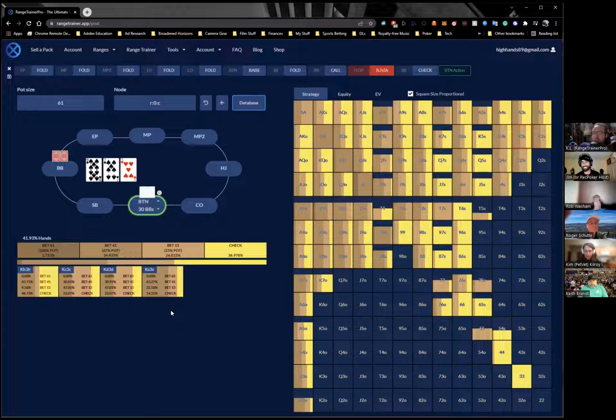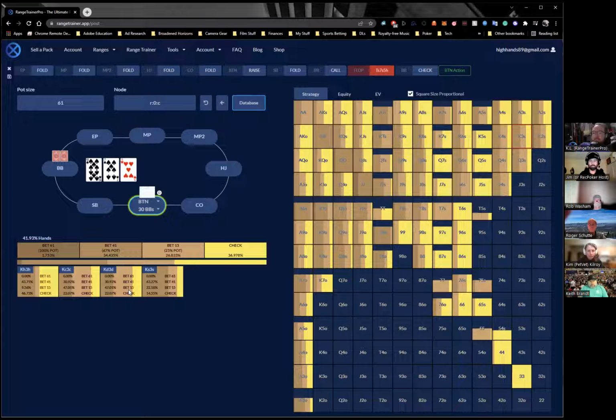Absolutely. So the reason why is, remember, solvers care about balance. That's what they want. They want balance. So the sizings are slightly different. A small bet with the spade draw is much less often, and instead it's two-thirds pot with the spade draw.